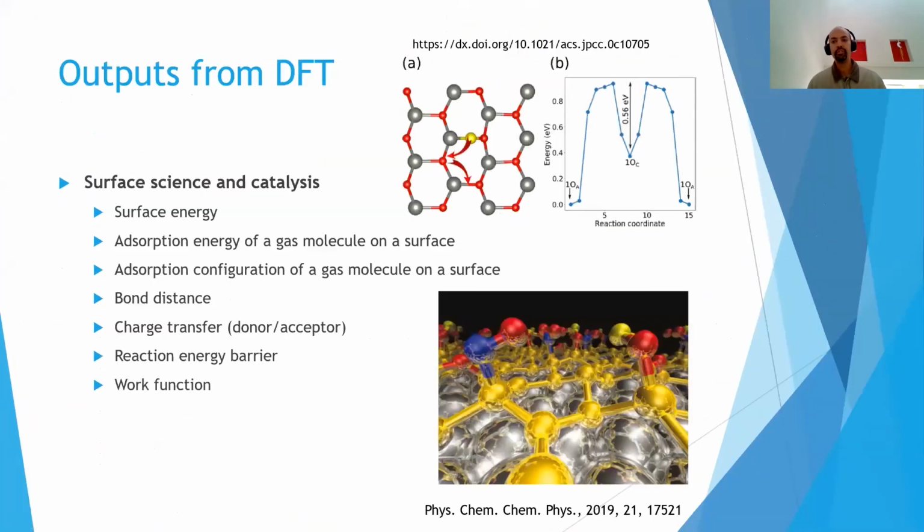When you move on to surface science, you want to find properties that are happening on the surface, like a gas molecule, for example, bonding to a surface. So you want to find a surface energy, which is to find what is the surface to start with. Some surfaces might not be useful for surface science calculations, or because they cannot form.